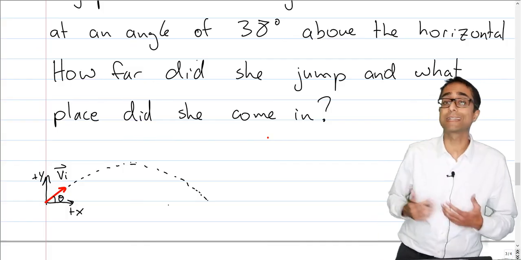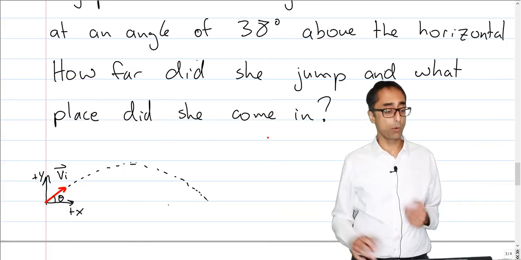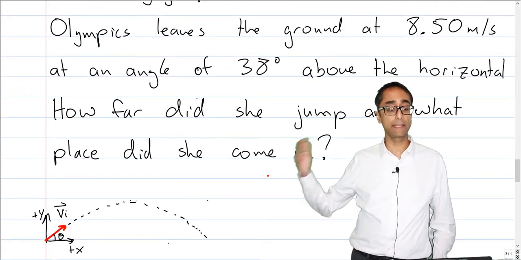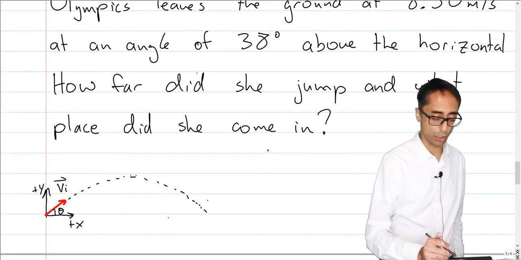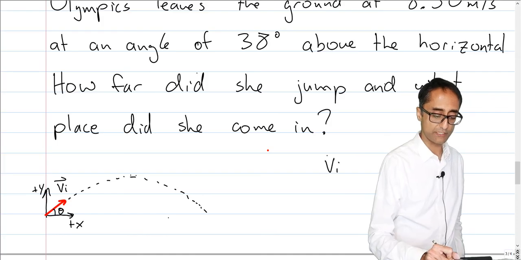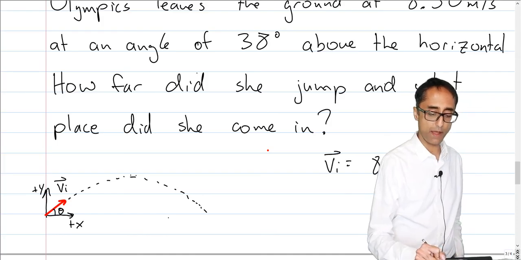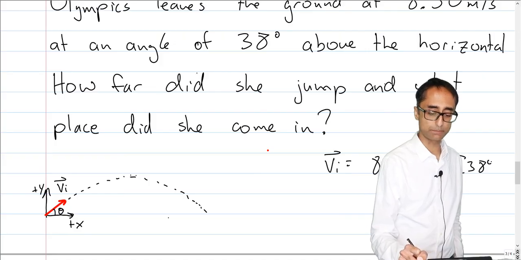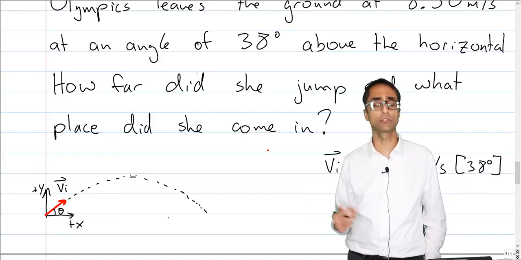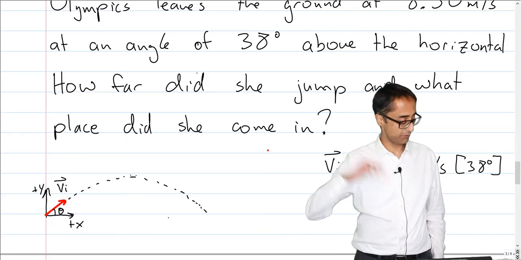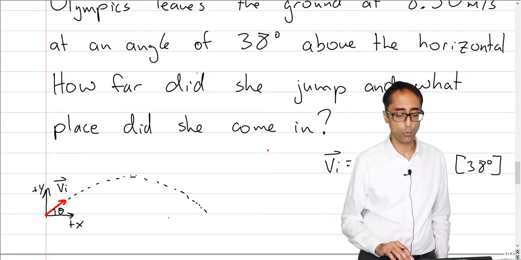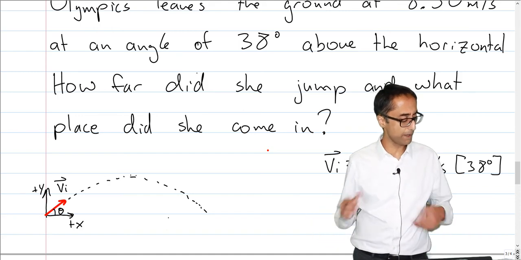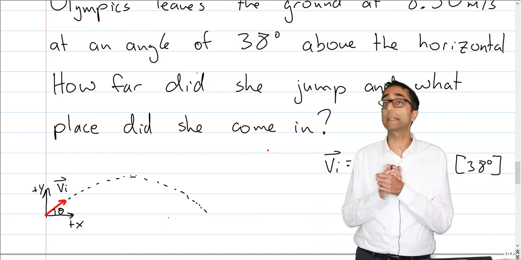And so now let's write down what we actually know about what's happening from this problem. The obvious one that's given is the initial velocity. So let's start there. The initial velocity is 8.50 meters per second, 38 degrees above the horizontal in the direction that we care about, the counterclockwise. That's good. What else do we know? Well, let's look at acceleration.